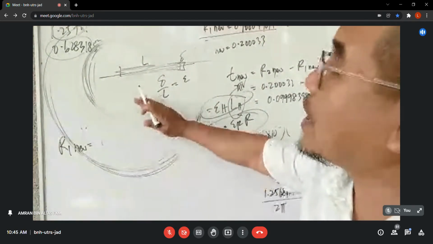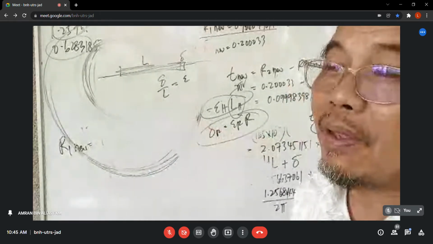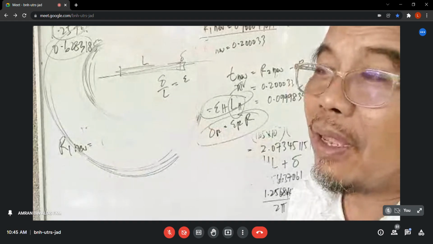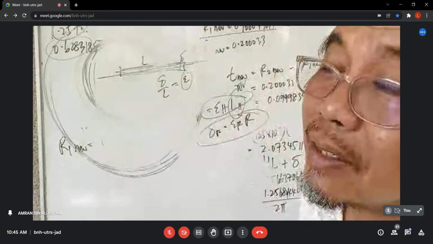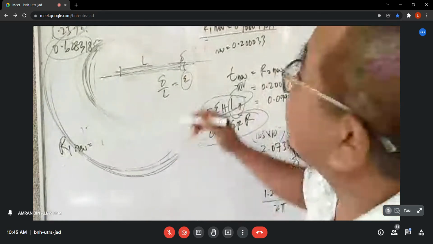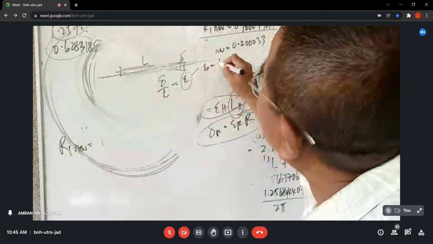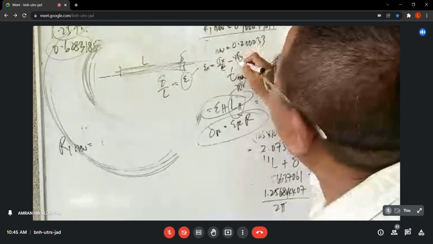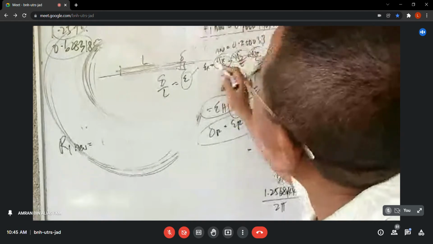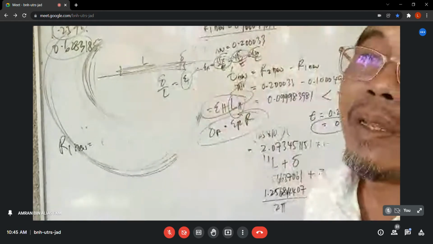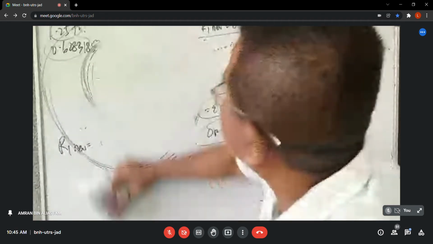It all starts with this solid one. The strain comes from stress: epsilon X is equal to sigma X divided by E, minus mu sigma Y divided by E, minus mu sigma Z divided by E. So the strain comes from stress in whatever direction we have. All come from basic understanding of solids.